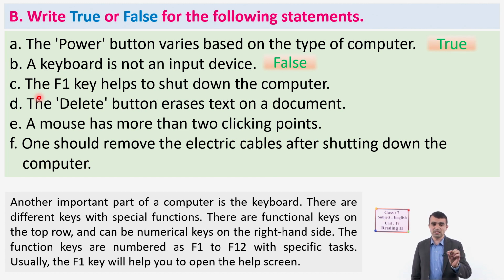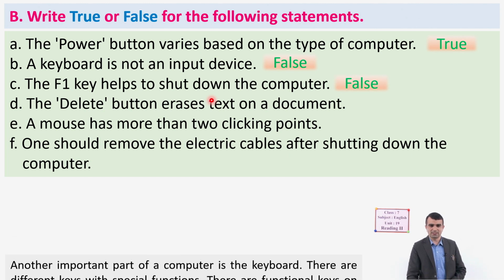The function keys are numbered as F1 to F12 with specific task. Usually the F1 key will help you to open the help screen. So what is given here? The F1 key helps to shut down the computer, right or not? No, that is good. That is false.